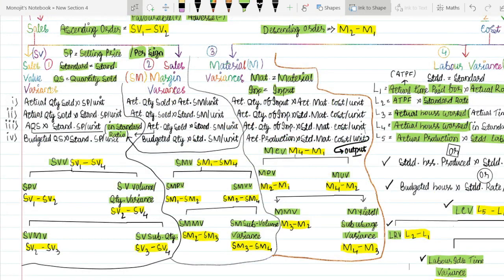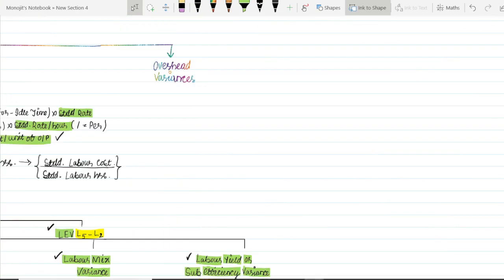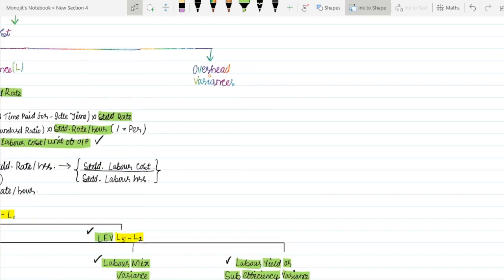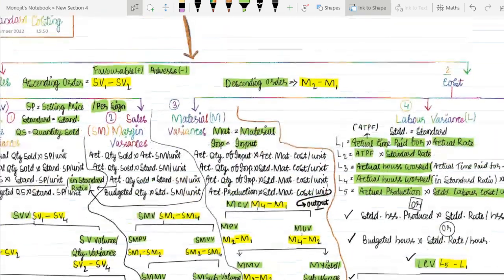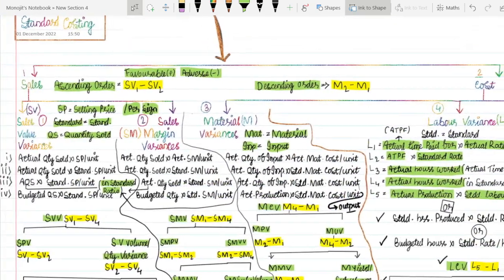So there are three components of cost and two components of sales.